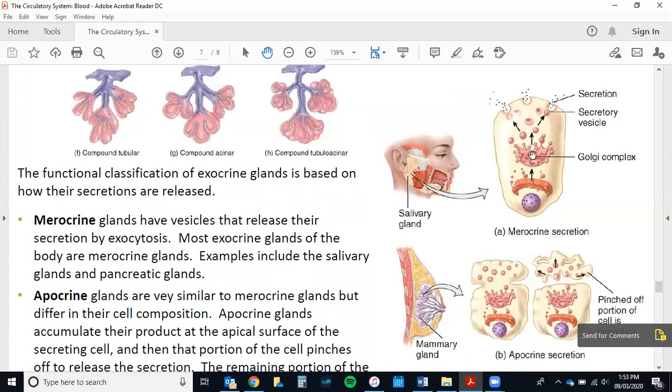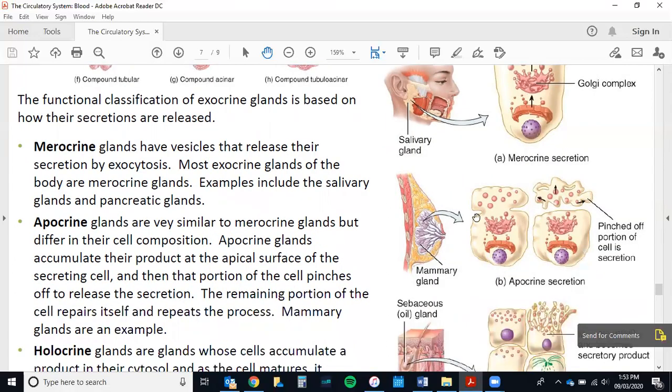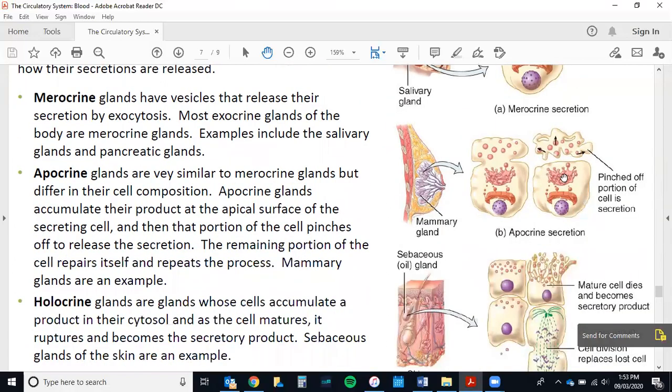The substance is transported to the Golgi, and then bubbles called secretory vesicles break away from the Golgi, which then fuse with the plasma membrane, releasing the substance from the cell altogether. Most exocrine glands of the body are this type, which includes not only the salivary glands, but also those of your pancreas.